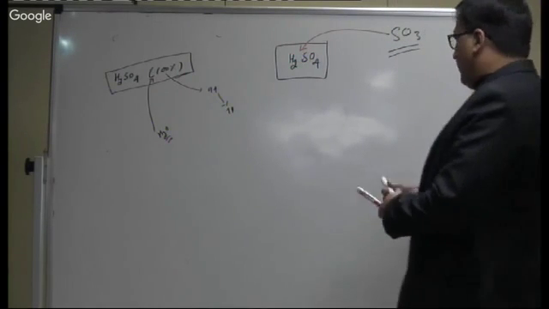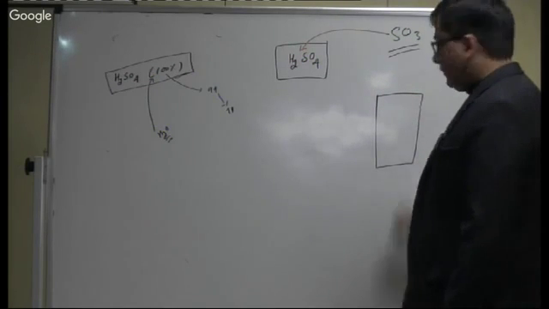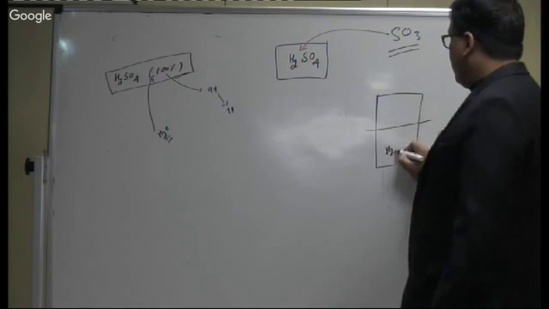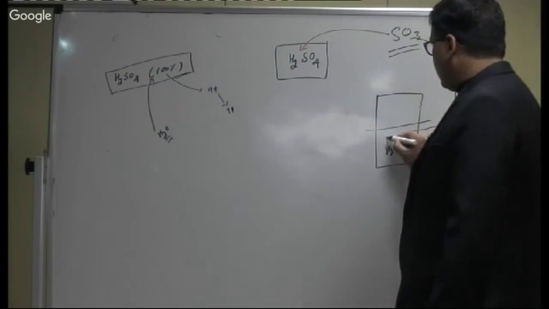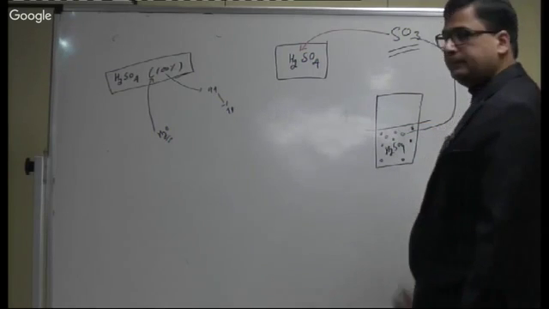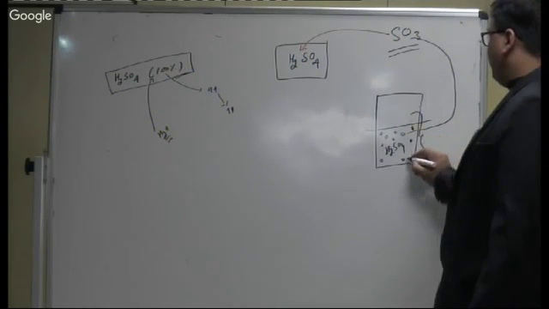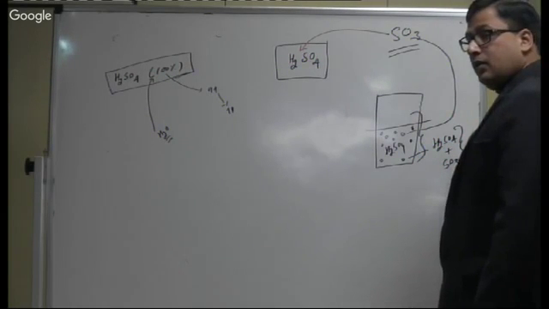Now, I have prepared 100% H2SO4, and in this H2SO4 we have added SO3 in terms of bubbles of SO3. This is called fuming of SO3. Now this is a mixture of H2SO4 and SO3, which is known as oleum.